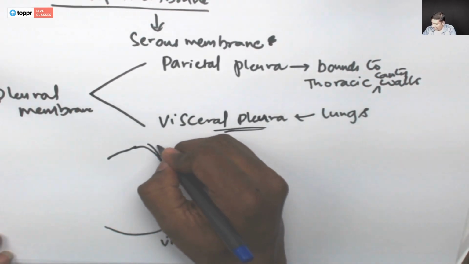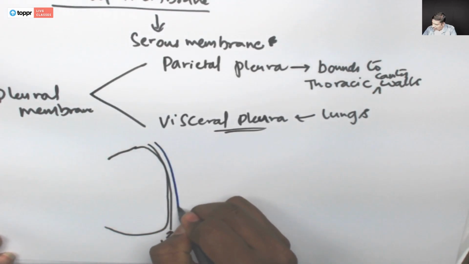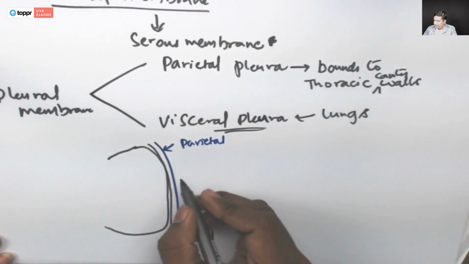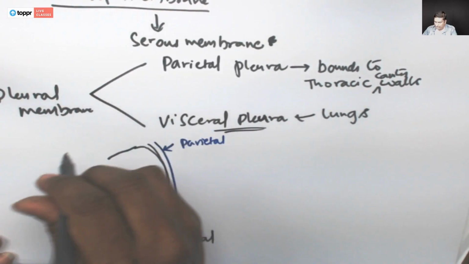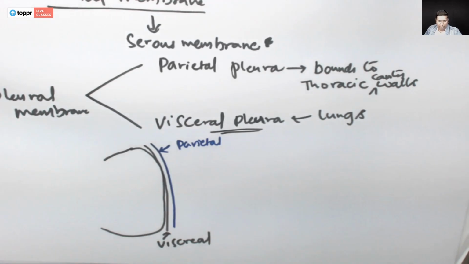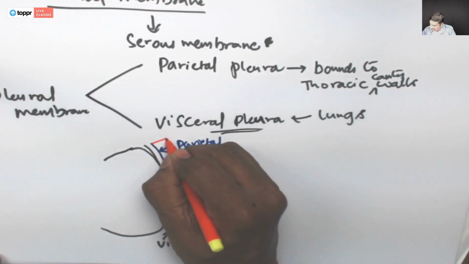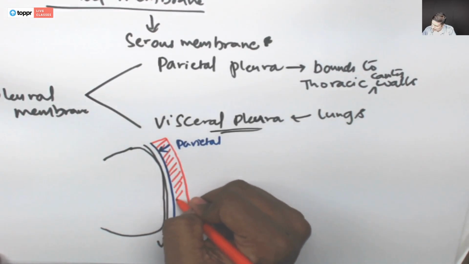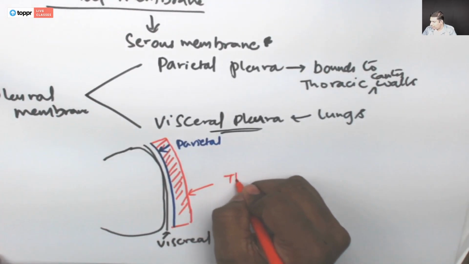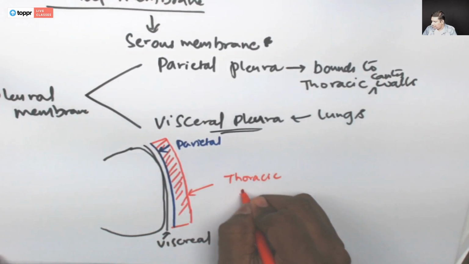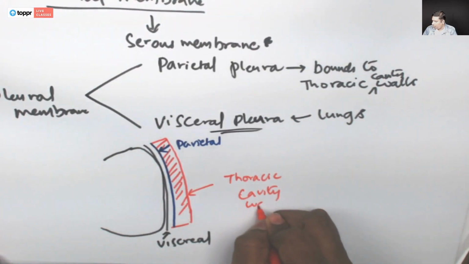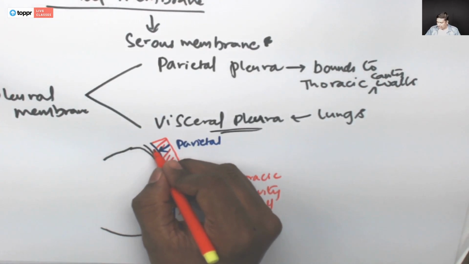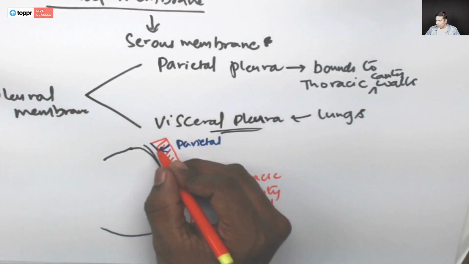Then you have some gap here, and after that you have your parietal layer, and this parietal pleura is bound to the thoracic cavity wall of the thorax.